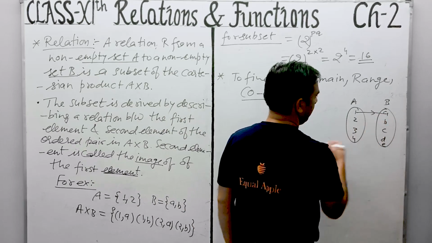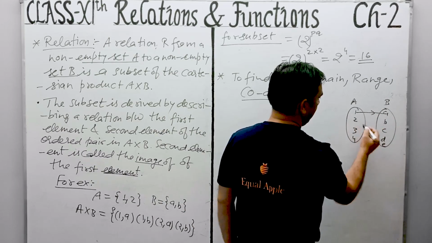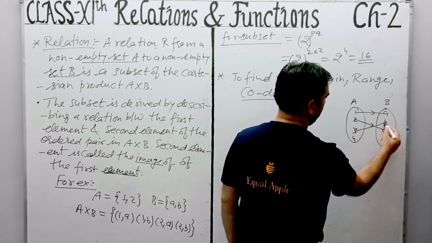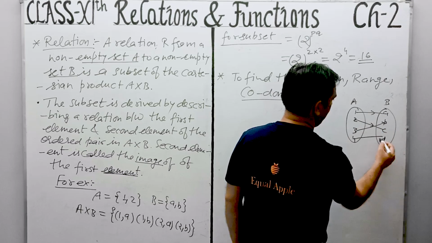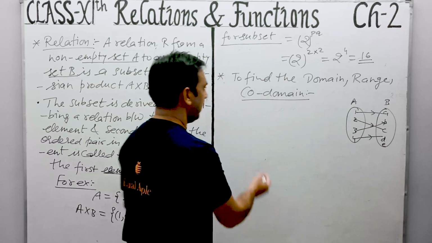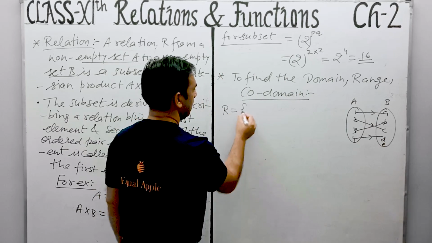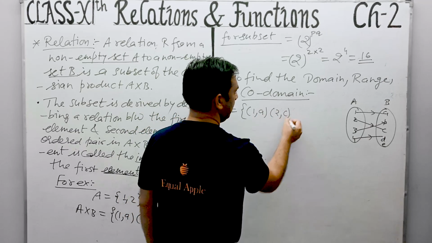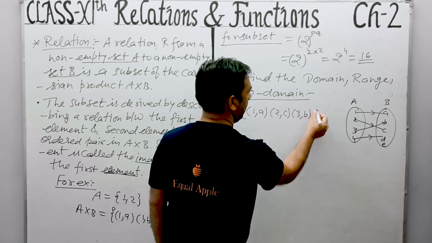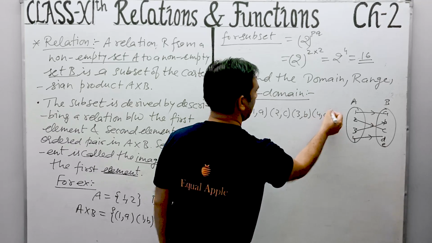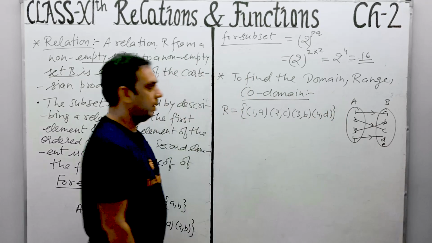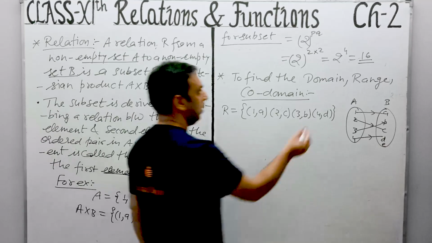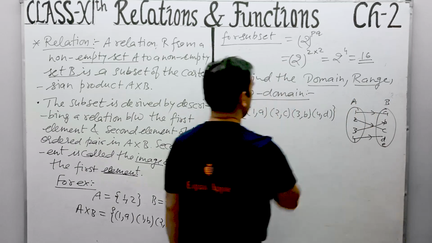We form 1 with A, 2 with C, 3 with B and 4 with D. So the relation is (1, A), (2, C), (3, B) and (4, D). Here we need to find the domain, range and codomain.